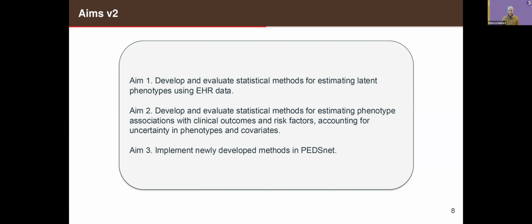Now it's the outcome instead of a predictor. So we came up with a whole alternative suite of methods that we were proposing to do that. And then thirdly, it was still a demonstration study, but now it's a demonstration of applying these methods to a pediatric diabetes study rather than a breast cancer study. So, you know, there's some features of the project that remained the same, but a lot that had really changed.